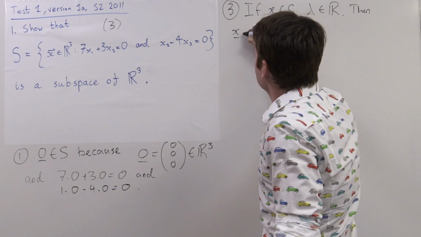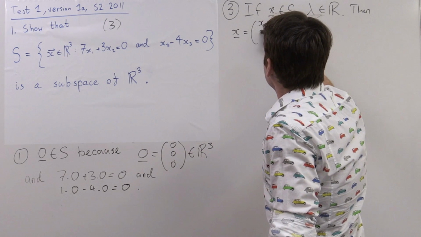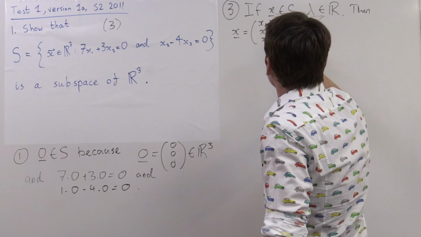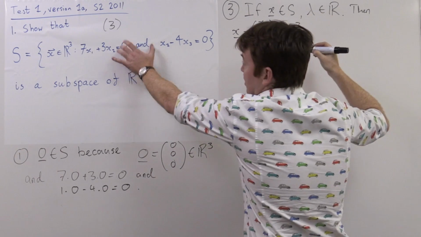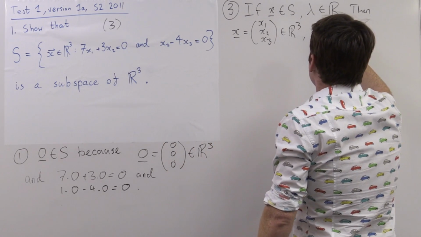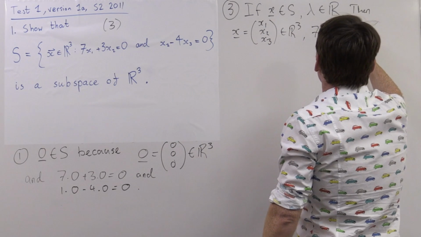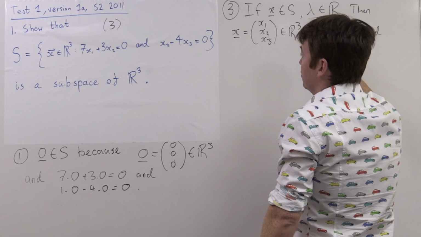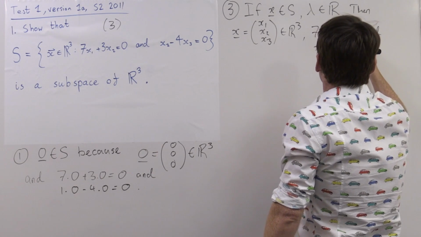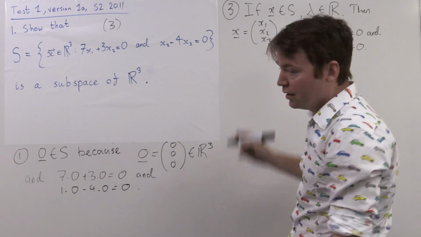Well, x can be equal to x1, x2, x3, which is a vector in R3. It satisfies these conditions. 7x1. Good.